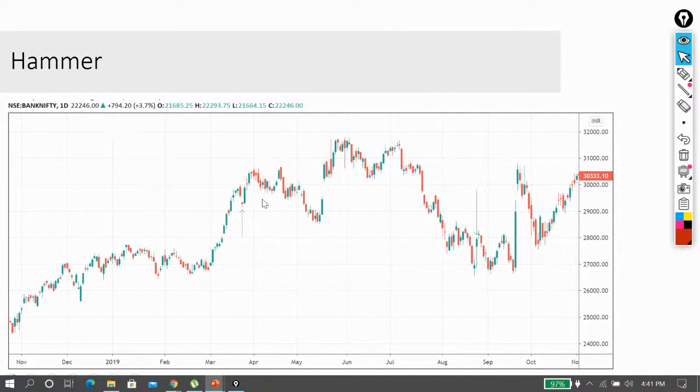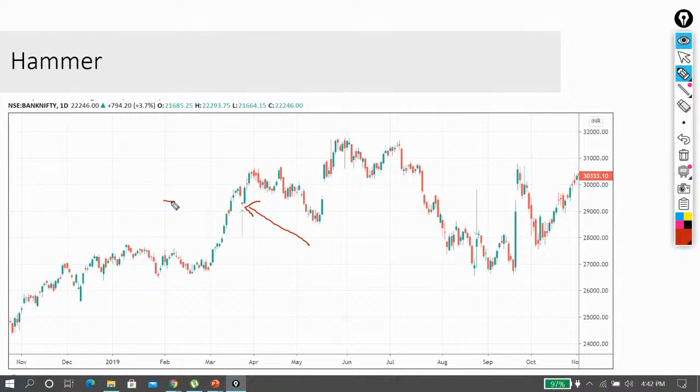Okay, hammer. Now, the psychology of hammer is, as we have already understood this, it opens as a price, it goes down, and then it closes somewhere up, right? This is Bank Nifty chart. And if you see this candle, this effectively has the same behavior, right?